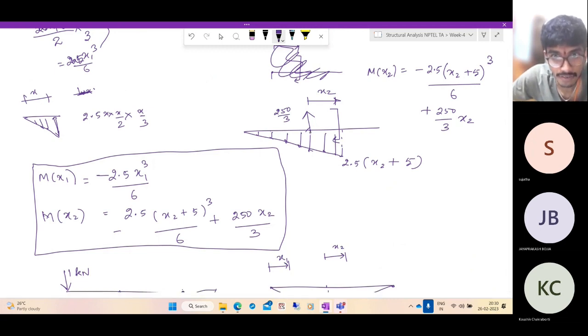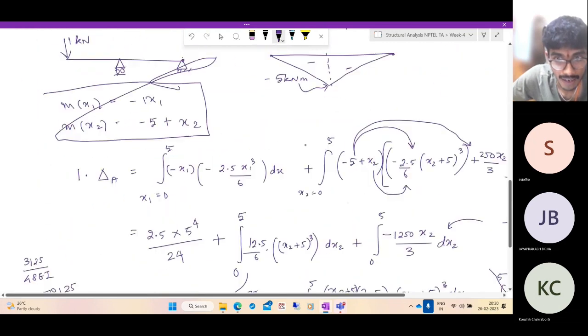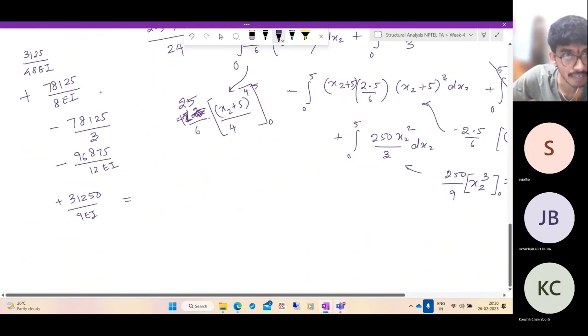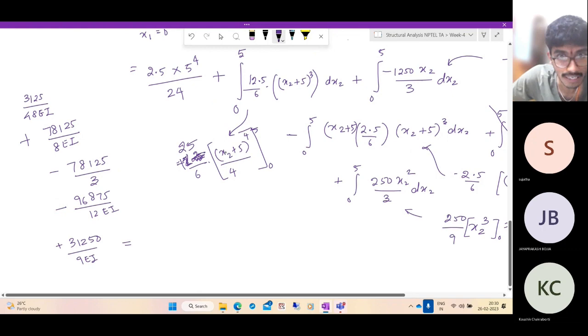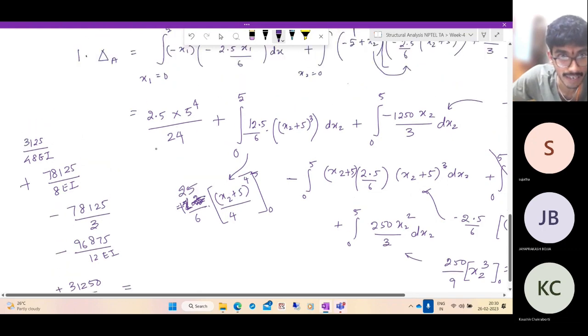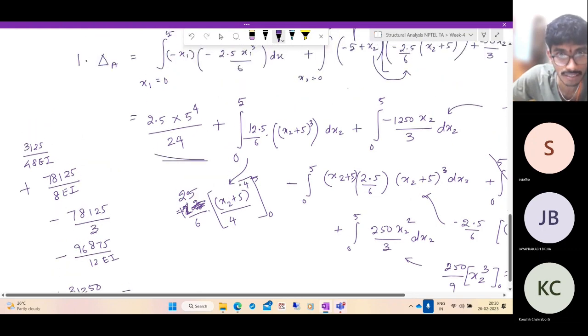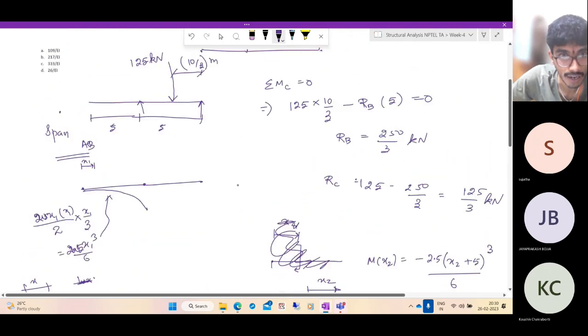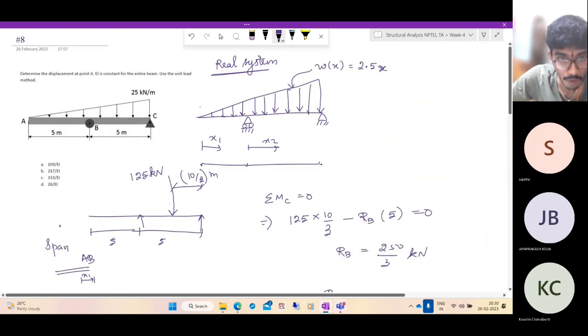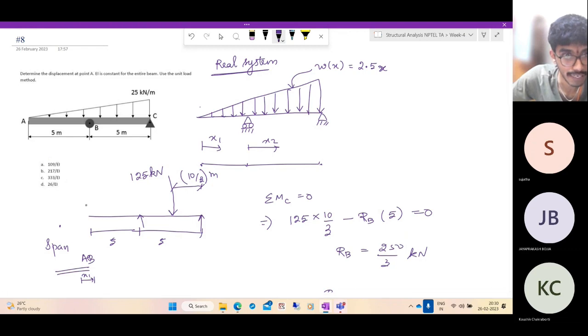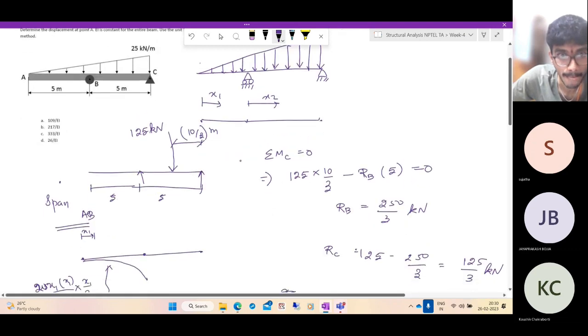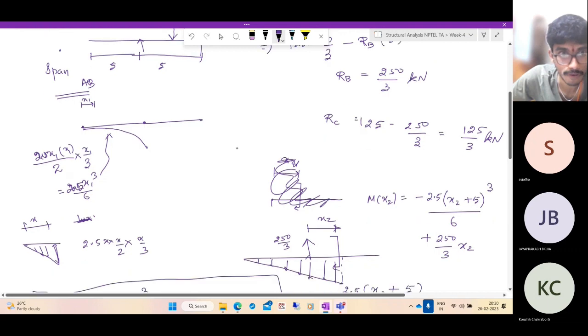Yeah, I think it's right. So this is how you do it. You can check these numbers. I'm not sure about these calculations, you can check, but I'm sure the procedure is right. So let me go to the next problem and we'll see what we get for this.